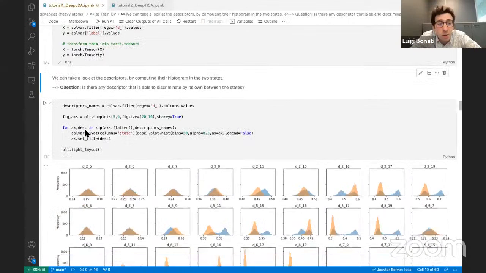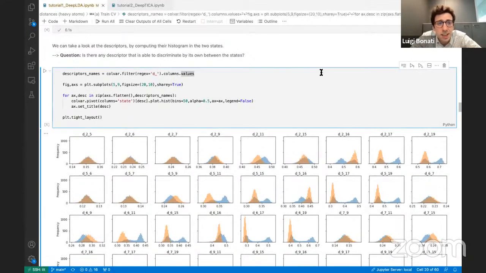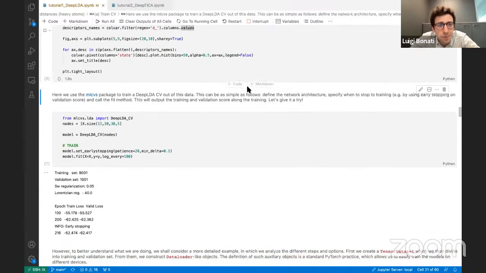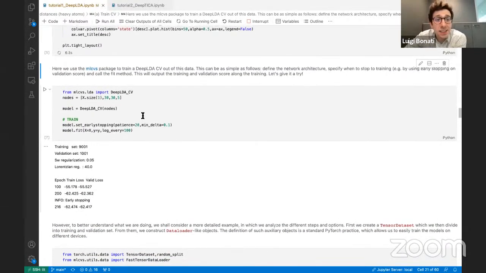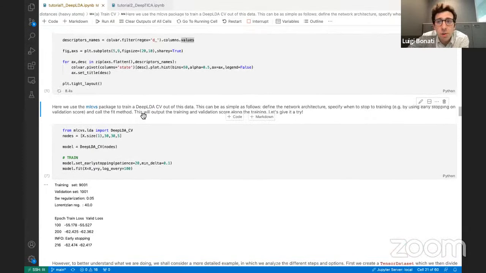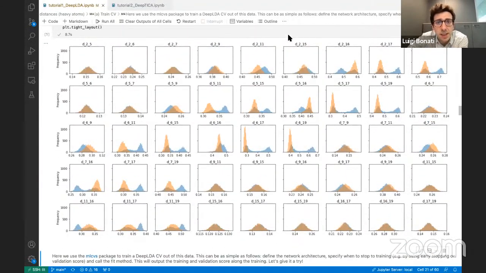Why are they suboptimal? Well, because if we visualize all of these descriptors, we see that there is not a single descriptor which is able to distinguish between the 2 states.